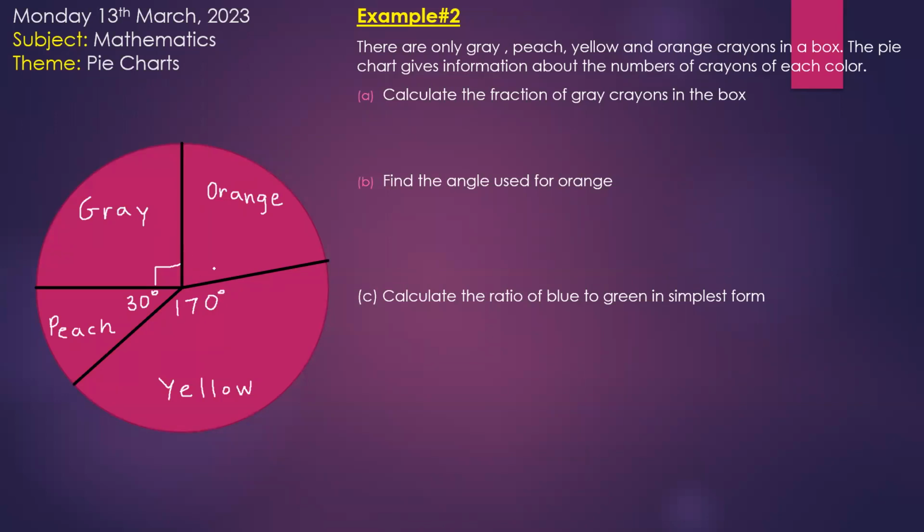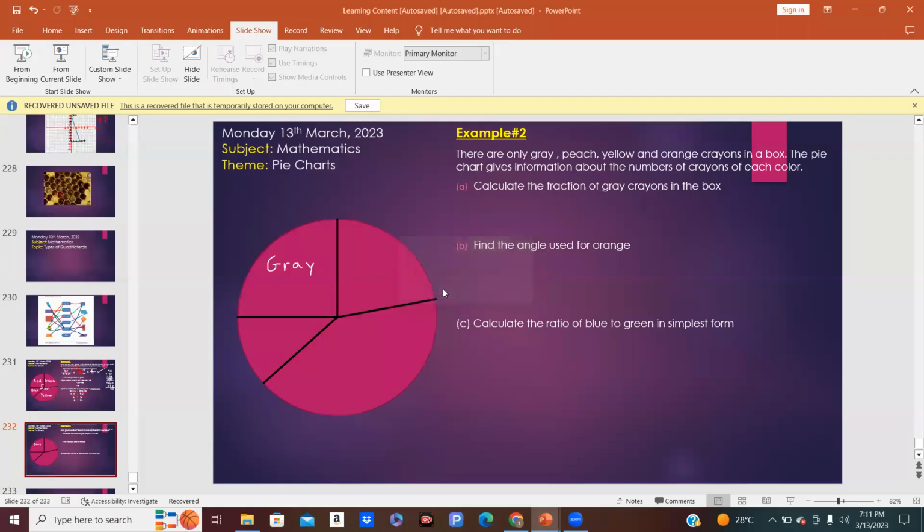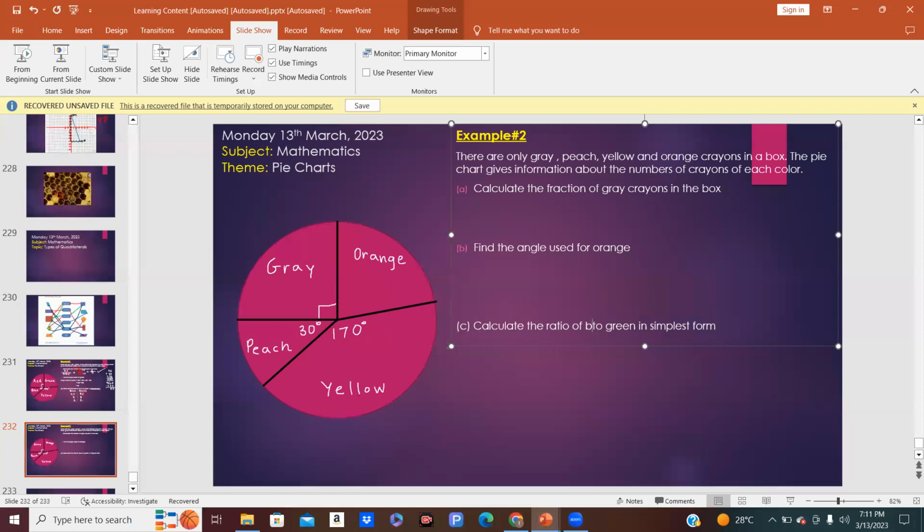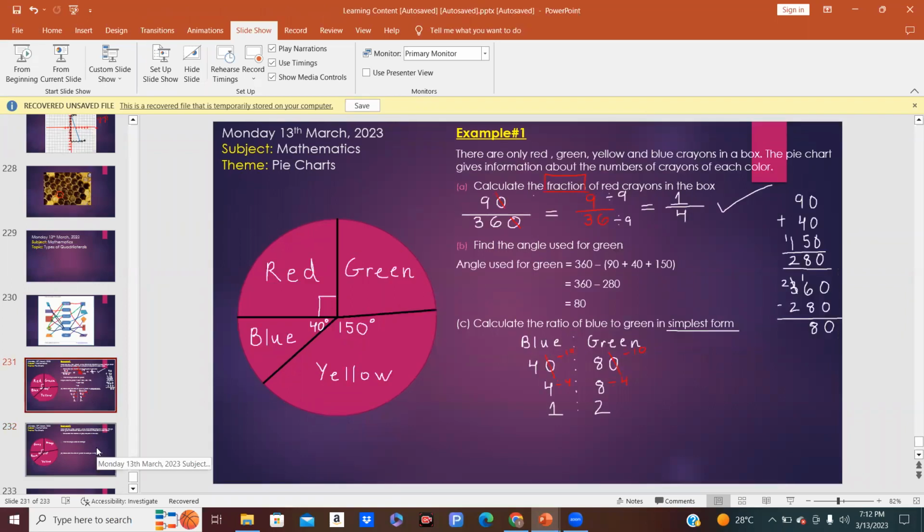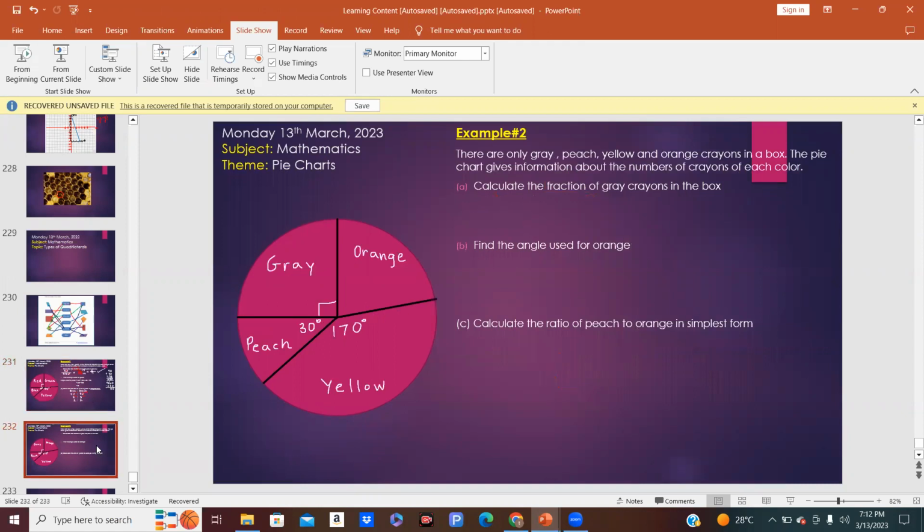And the orange one, well, we don't know what the orange one is. What we want to do is calculate the ratio of peach to orange in simplest form. Is it peach to orange? Yeah, peach to orange in simplest form.